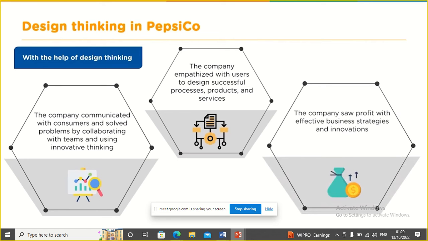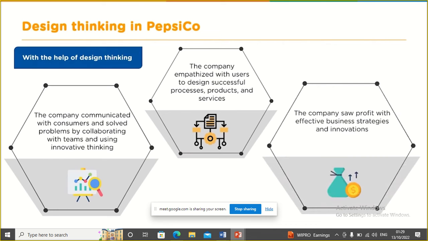So as the first step, every company that implements design thinking has the first priority of knowing the needs of consumers or customers. With that input, they have to work as a team, collaborate and propose innovative solutions in order to solve the problems and cater to the interest of consumers.